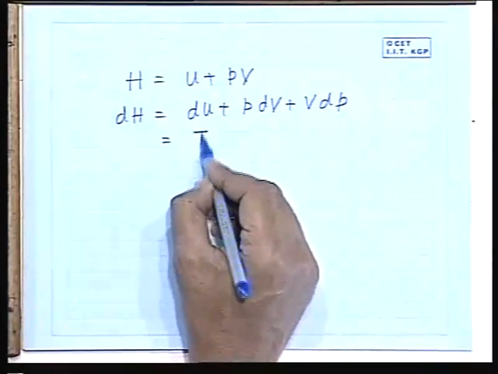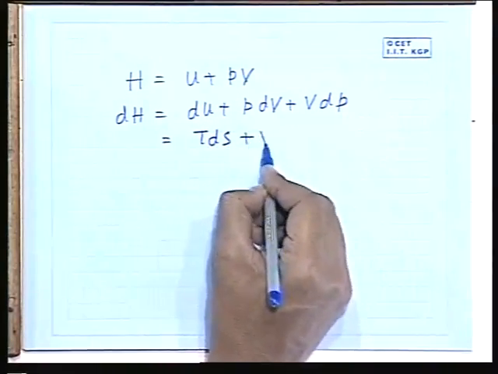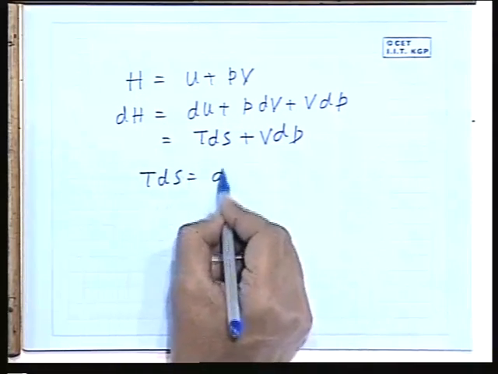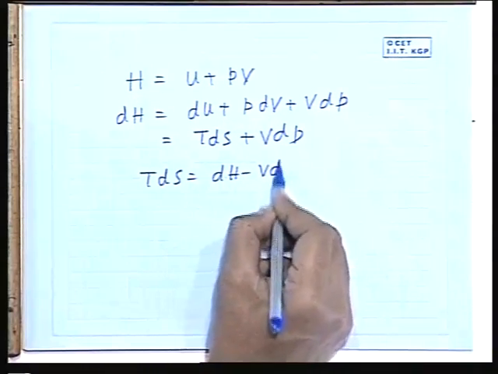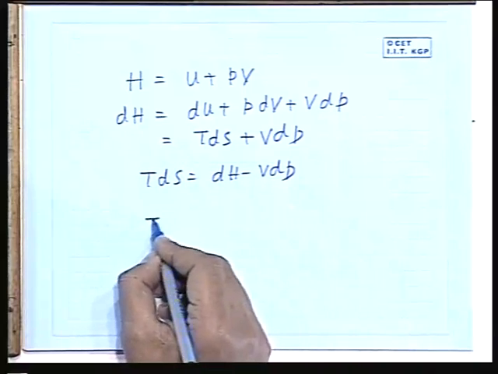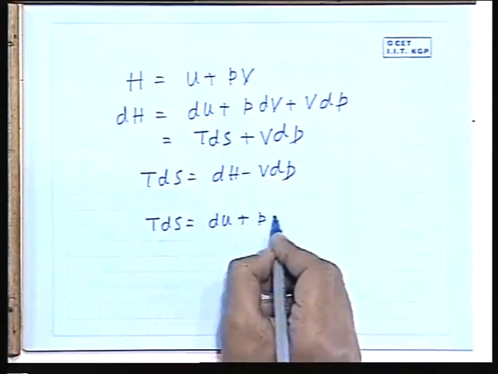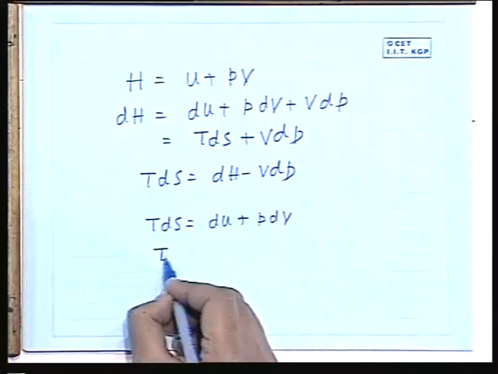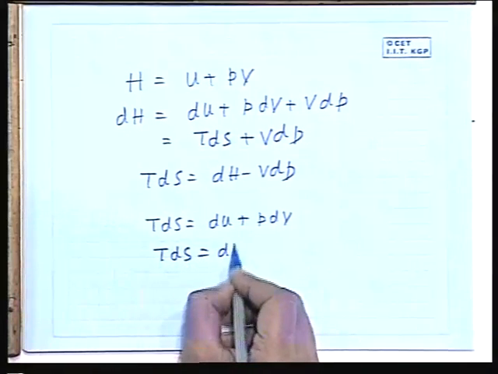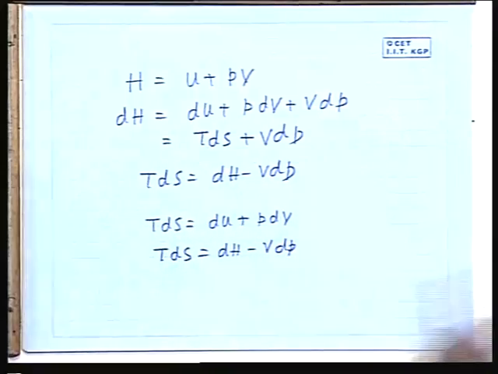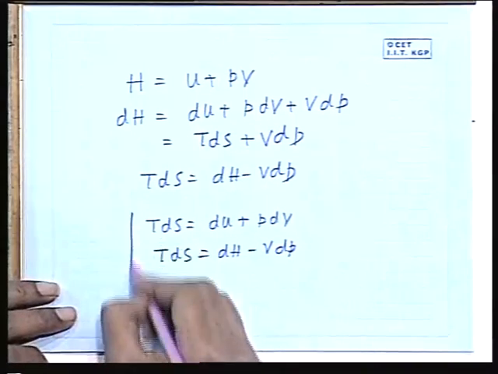So I can write TdS plus VdP. So there is another relation, TdS is dH minus VdP. So therefore I have got two relations, TdS is du plus PdV and TdS is dH minus VdP, and these two relations are the property relations for any process, reversible or irreversible.